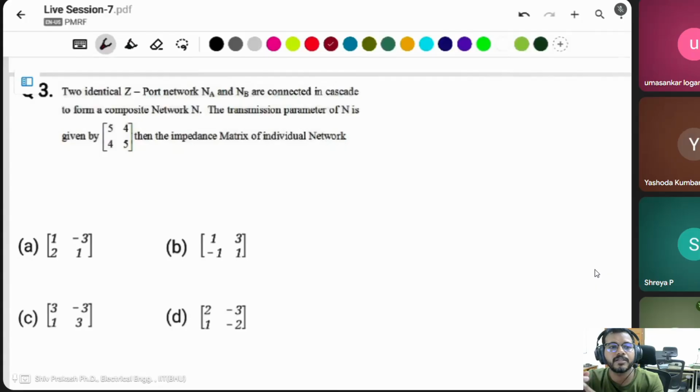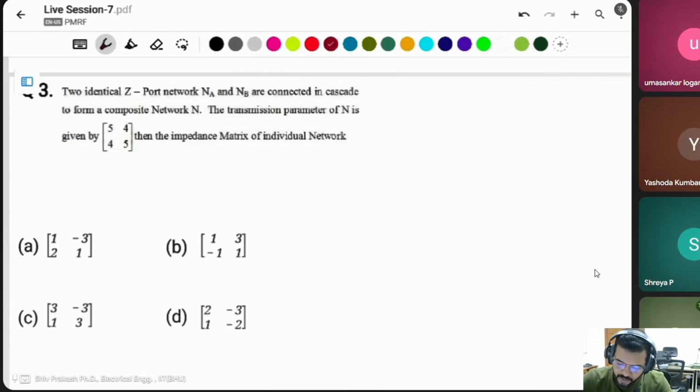In cascade condition, the transmission parameter is simply the multiplication of the two networks. And in parallel combination, the transmission parameter is simply the sum of the two networks. But this is only possible in transmission parameters, not Z parameters.